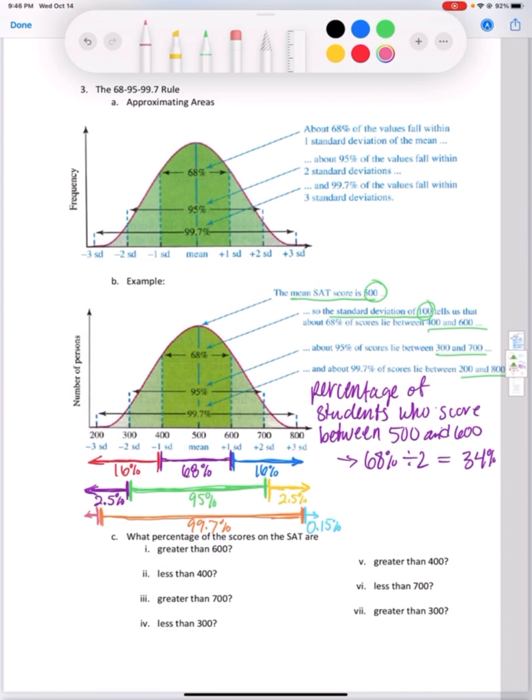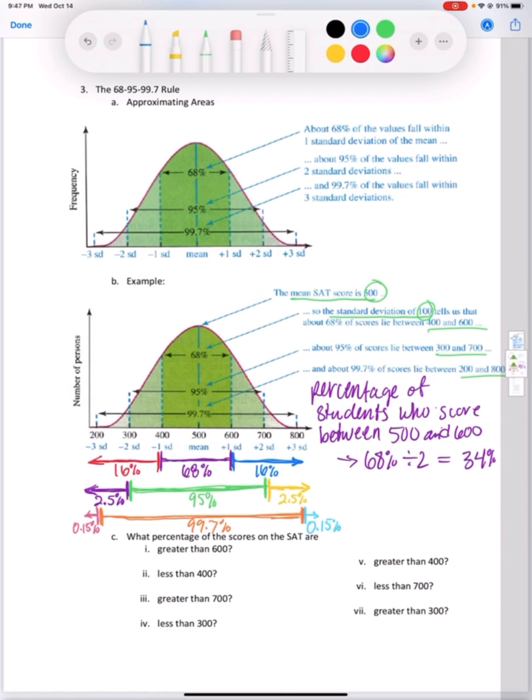That will also be 0.15%. So we split the 0.3% in half. So we have our data split in 3 different ways according to our standard deviations, and we've calculated the percent for each section of those 3 ways.